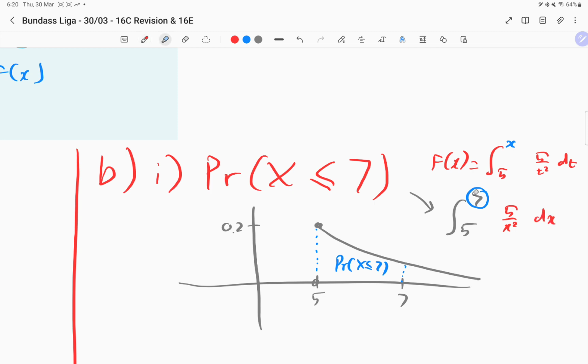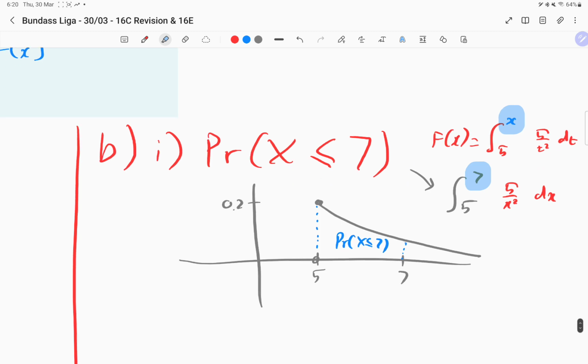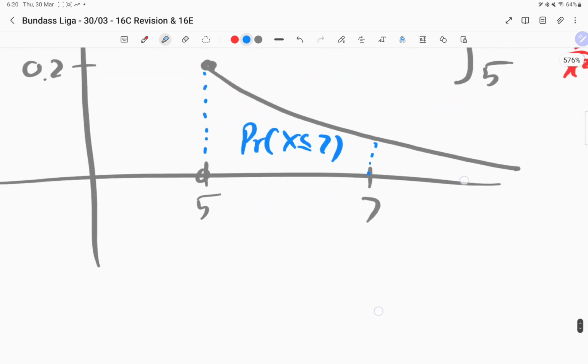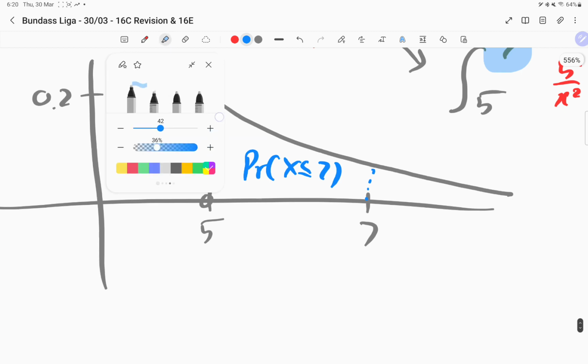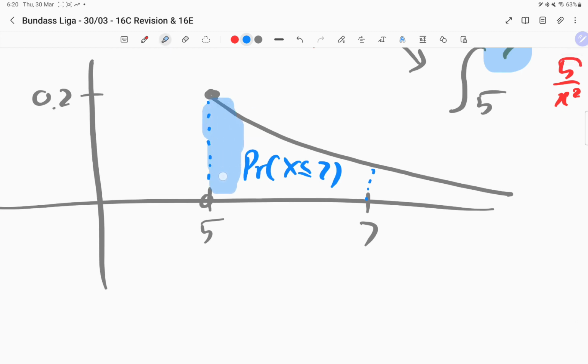Okay? So you see, the only thing that is different is in the big F of x, you get an x variable. And then in the actual probability, you get 7. So you see, the only difference is this. So this one, right? This is probability of x less than 7, right? That means if I look closely at this section here, this is the area to the left of 7, right? Yeah?